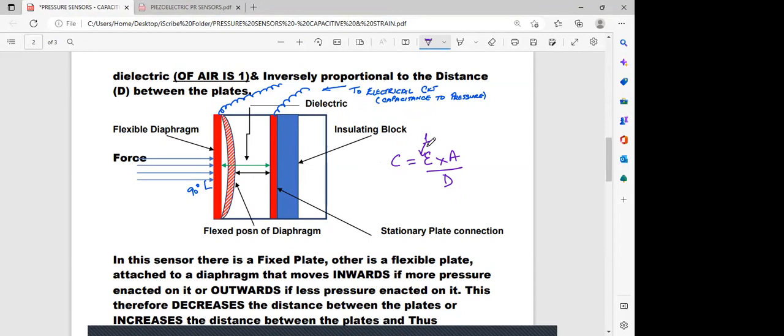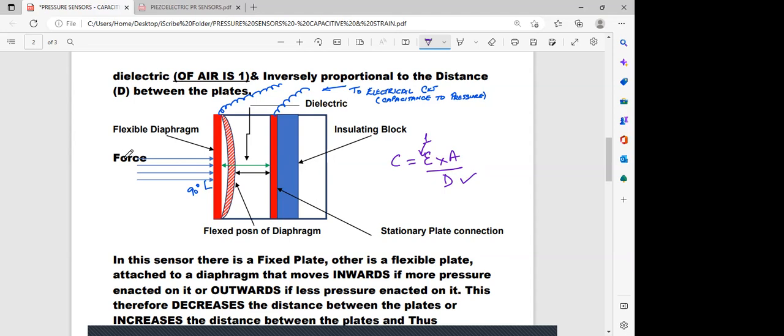We are just taking the simple one, air as 1. That's fine. The area of the plates is remaining the same. It's not changing. What is changing is the distance. Initially, the distance is shown by the green double arrow.